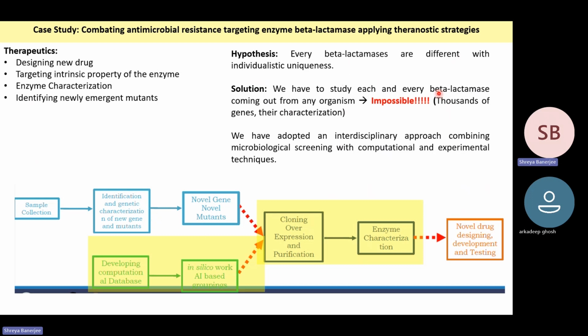So instead of studying each and every beta-lactamase, they can be divided into different classes, and computationally also the number of beta-lactamases can be narrowed down, and only those which are predicted to be of different classes can be expressed and purified in order to design new drugs. So instead of testing each and every beta-lactamase, the number of different classes of beta-lactamases can be narrowed down by homology modeling of the gene sequences and also from computational databases.